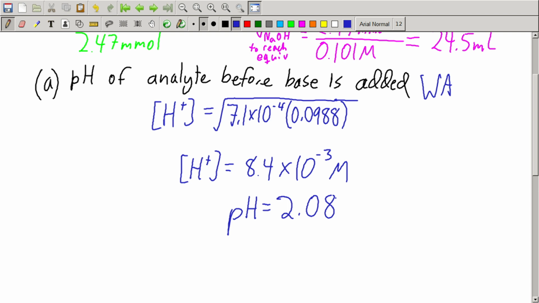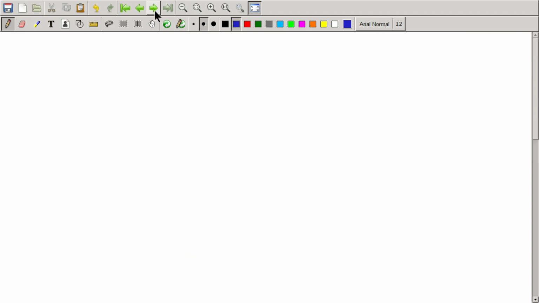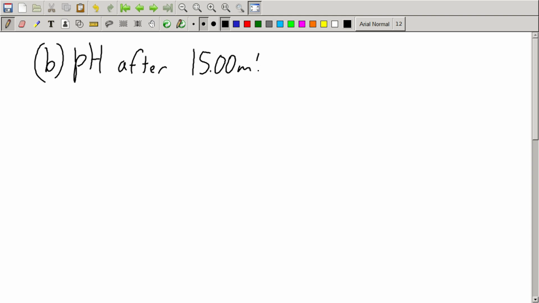All right. Let's get a clean page. Okay, so we want to figure out what is the pH after 15 milliliters of base are added. All right. Now, there are several ways we could approach this.